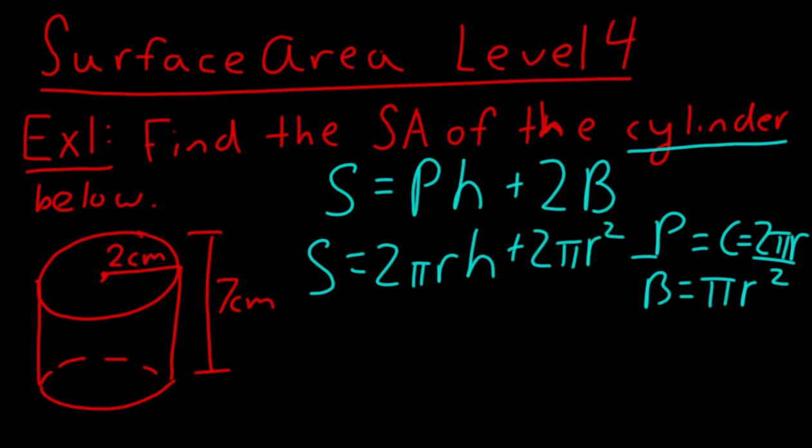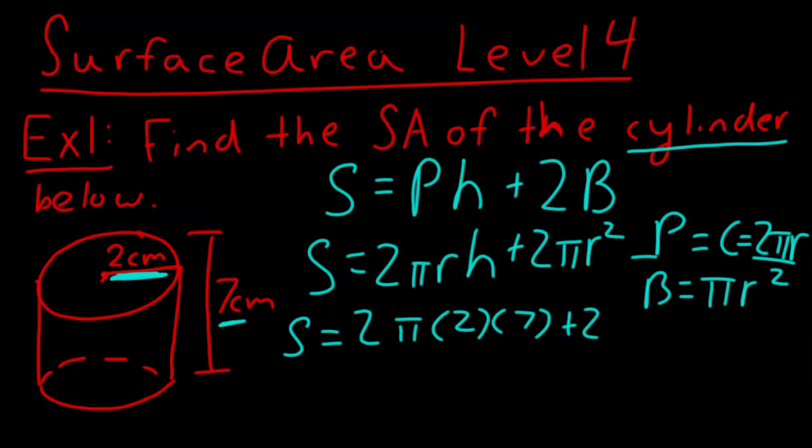And look, once again, I understand this looks a little daunting at first, but let me show you how easy this is. So we're going to say that our surface area is equal to 2 pi parentheses. We come back over here, we know our radius is 2 times our height, which we know is 7, plus 2 pi times, once again, our radius was 2 squared.